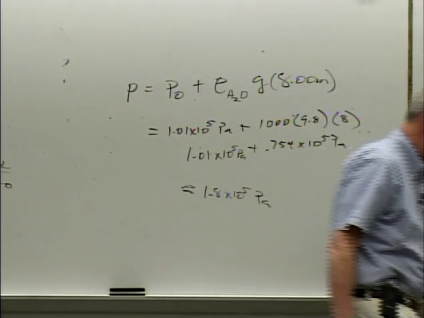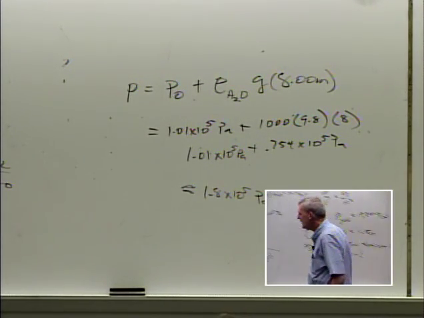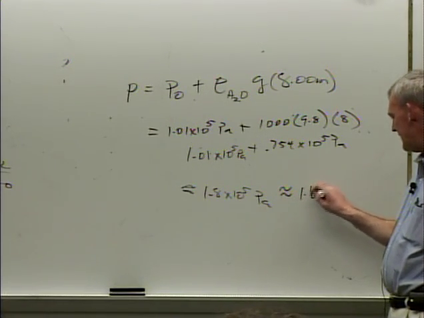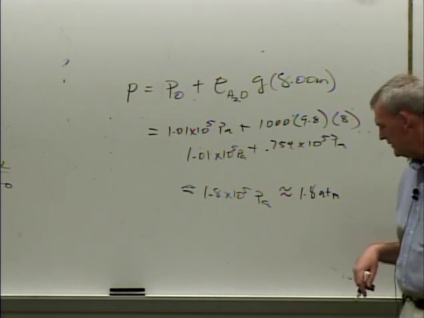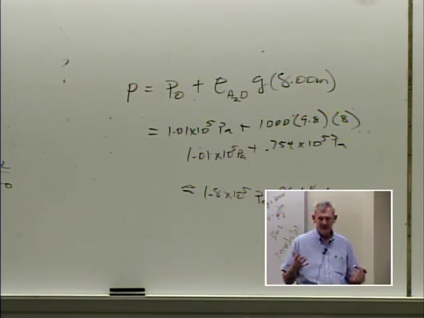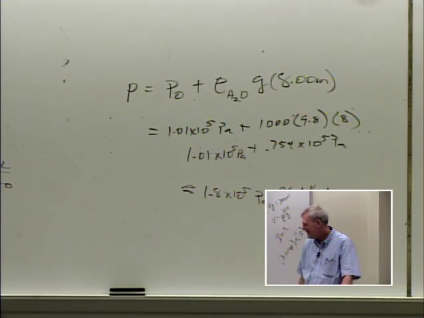That's the pressure he feels down there, which is real close to about 1.8 atmospheres. So he feels what you feel right now, almost double it. All right, so that's not too bad.